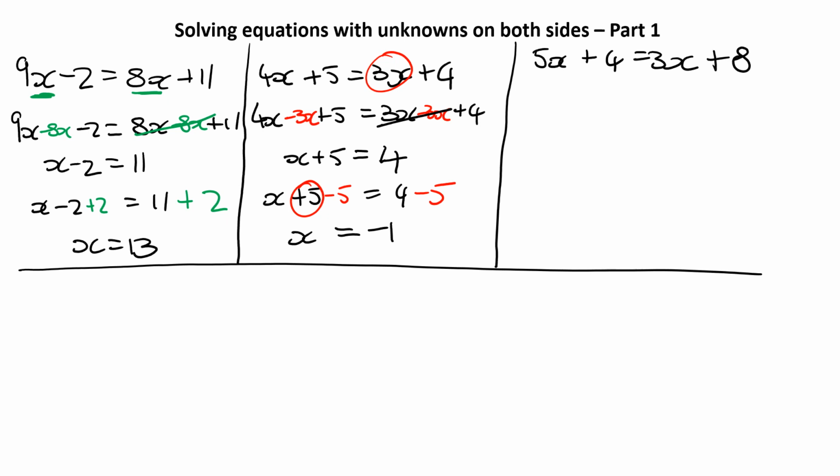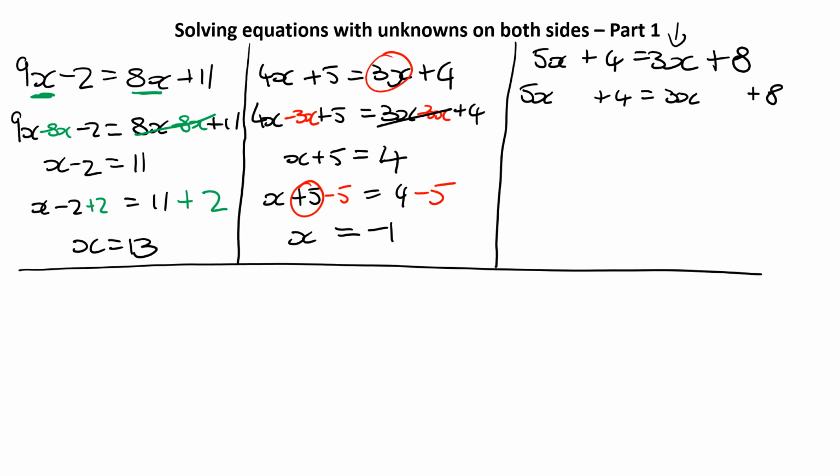Again, we're going to move that 3x across. Because it's plus 3x, my inverse of that is minus 3x. So let's write 5x, a little bit of space there, 3x, a little bit of space.